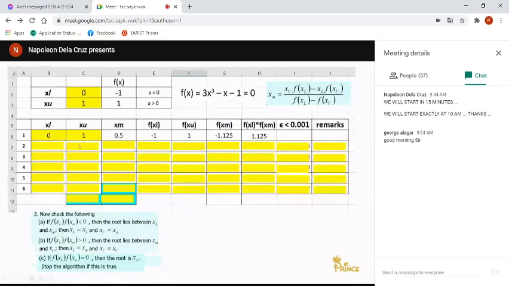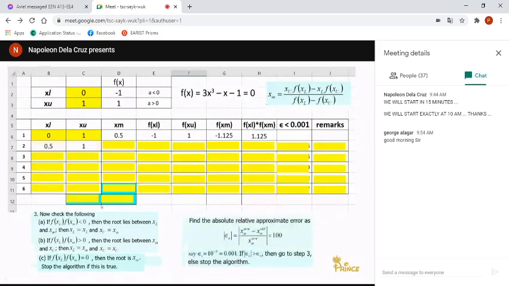XU is equal to XM. Tingnan nga natin. Okay, mamaya na. So XL is equal to XM, and XU is equal to XU. Ayun yun. Kasi nga ito ay greater than 0.